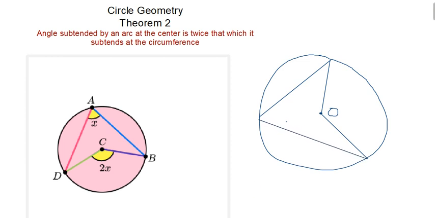Now we have an angle at the center here. Let's say this angle is 160 degrees. The angle at the circumference here, theta, will be what? Remember we said angle at the center is twice angle at the circumference.